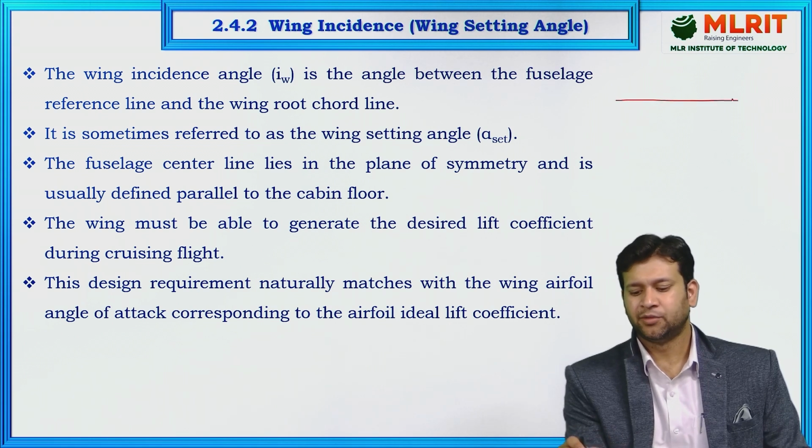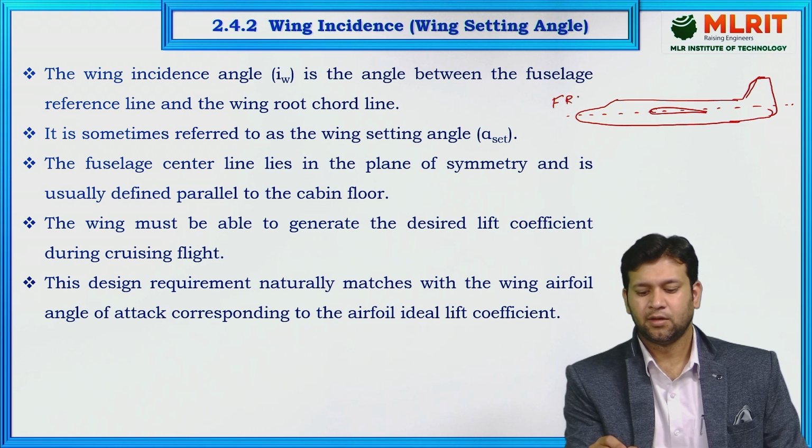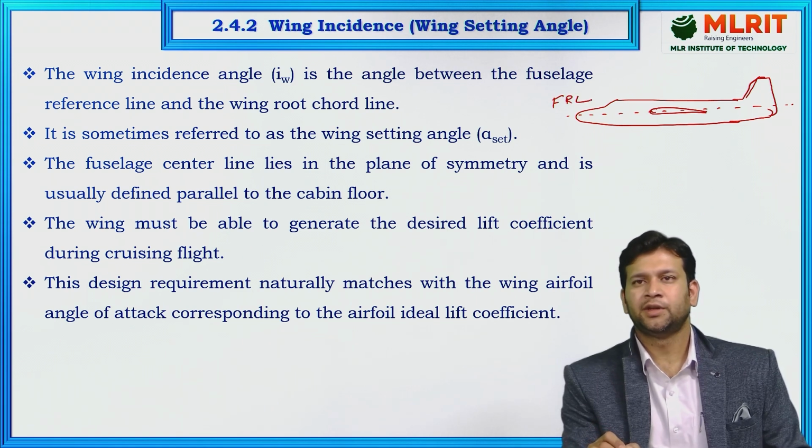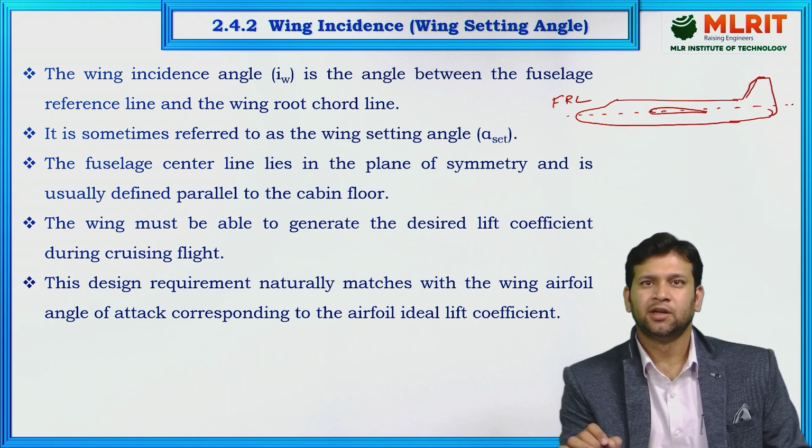If we observe from the side view, this is the FRL, which passes through the center of the aircraft and equally divides the aircraft vertically into two halves, upper half and lower half. And this IW is the angle between this fuselage reference line and the wing root chord line.